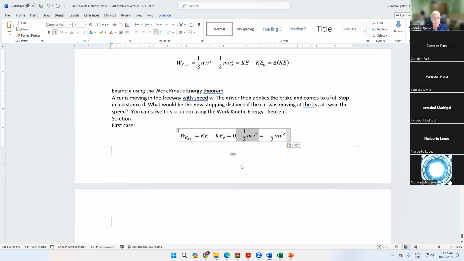Okay? The work done by the net force, which by the way is equal to the work done by the frictional force, is going to be negative. I'm going to emphasize that's negative here. This negative sign. Let's put that less than 0.